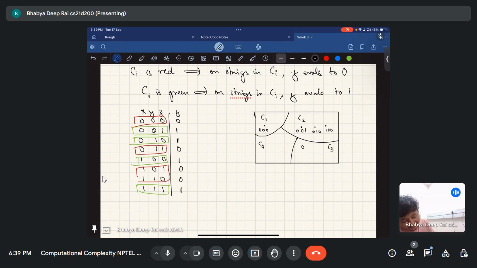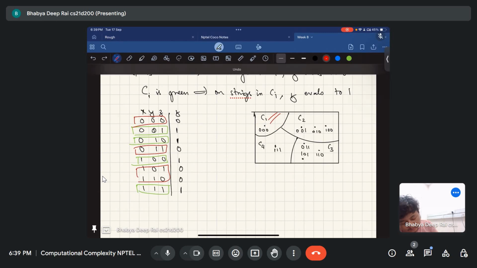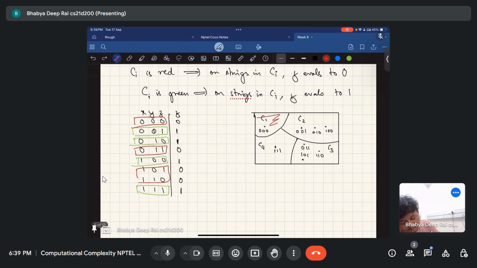C3 can be thought of as 0 1 1, 1 0 1, and 1 1 0. And this is 1 1 1. So here I'm choosing to color. This function is as if it is coloring the first color class C1 as red, and C2 as green, C3 as red, and C4 as green.